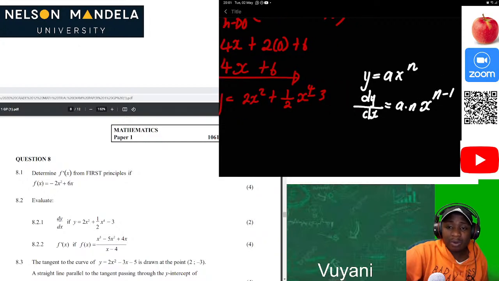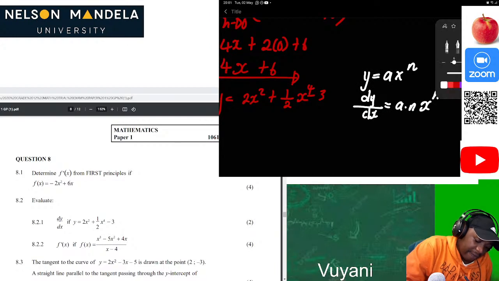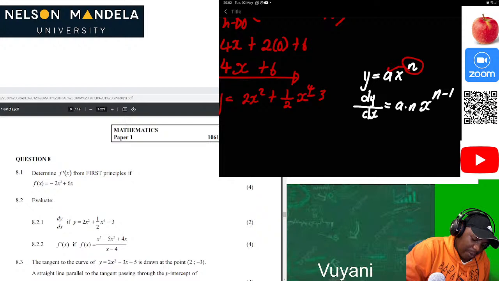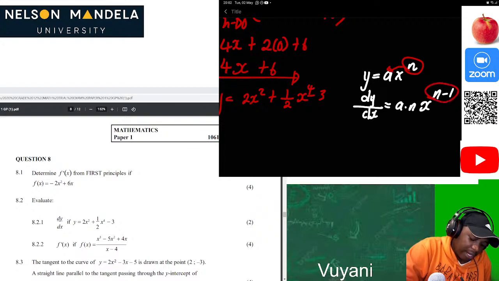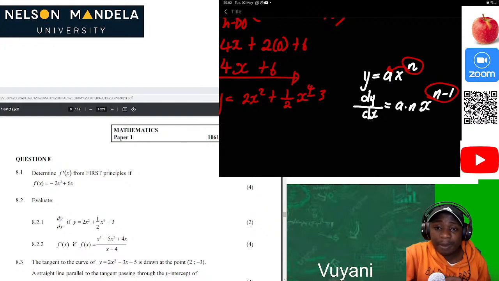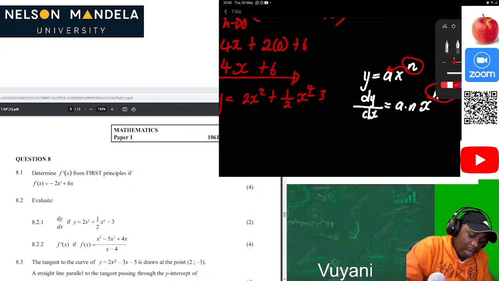This is the power rule, guys. So we take the index here, we multiply with the coefficient of x, then we subtract 1 on the index or on the power. So that will be our power rule.